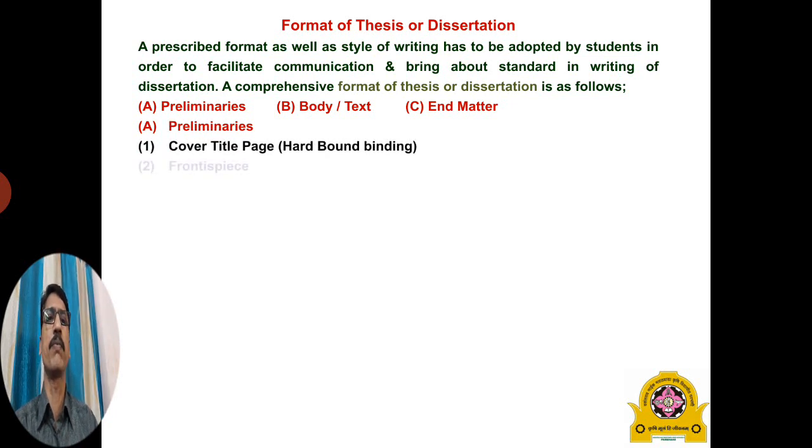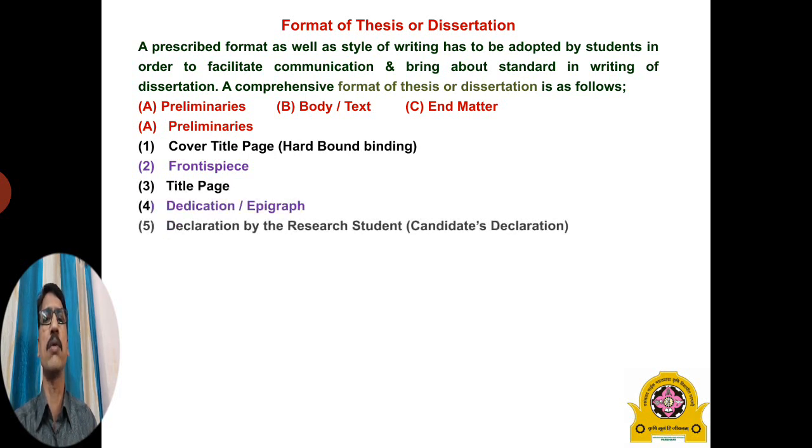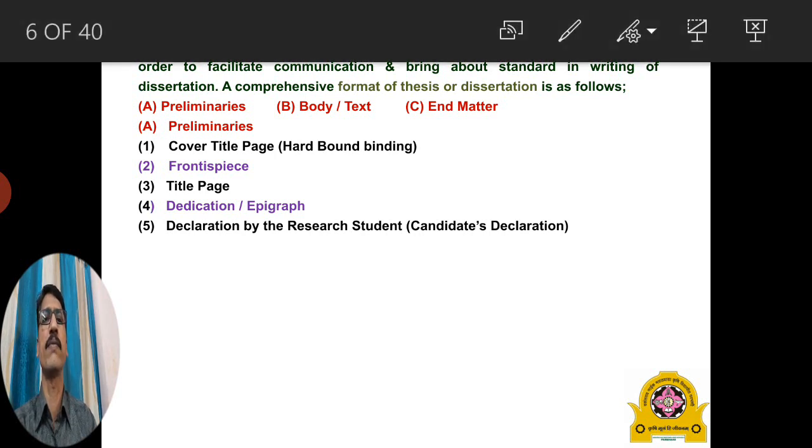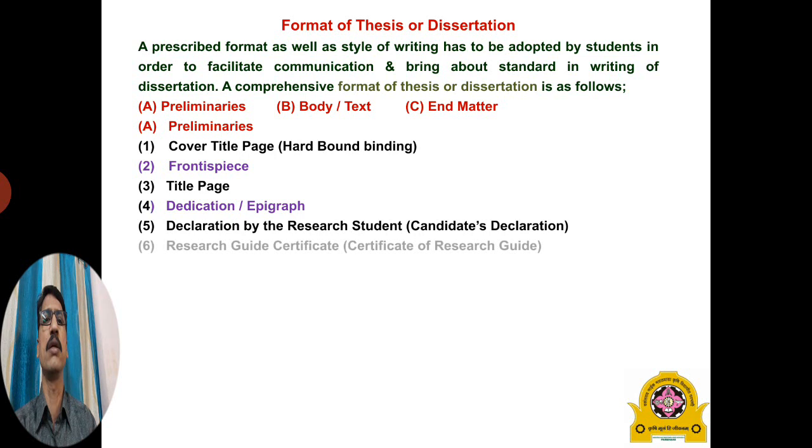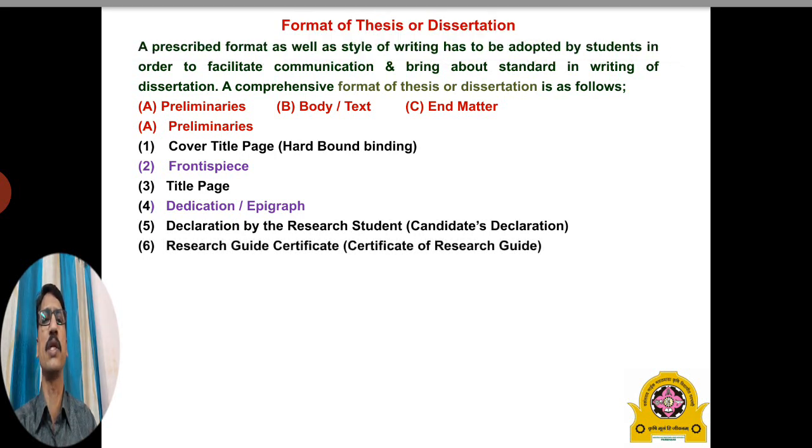Then the preliminaries of the thesis include the different parts: the cover, title page, hardbound binding, then frontispiece, then title page, then dedication or epigraph, then declaration by the research student, then declaration by the research guide, certificate.